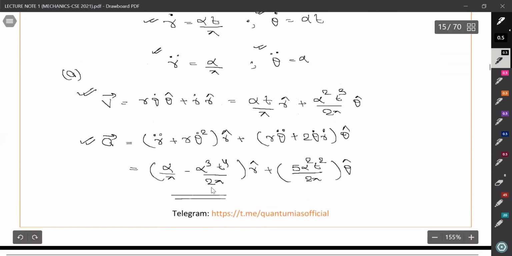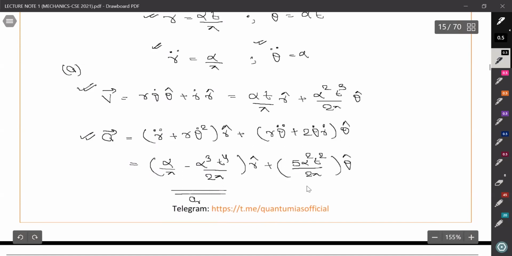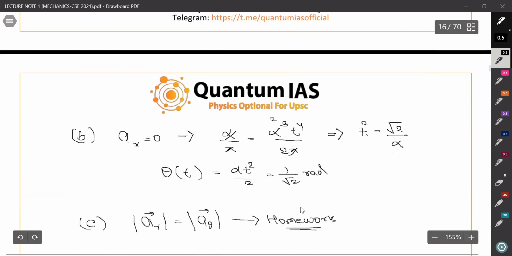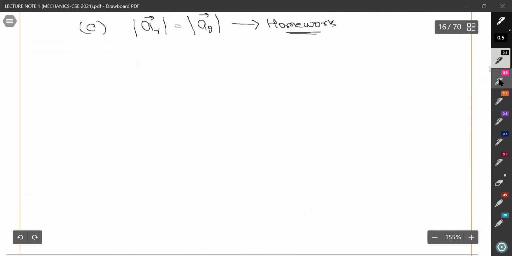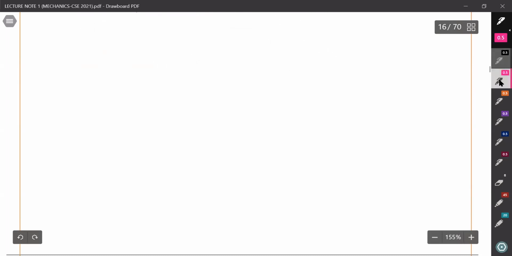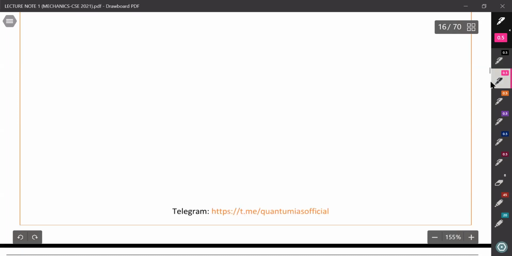So see there. This is alpha R and this is alpha theta, sorry. You need to just equate their magnitude. So I think you can do it easily. The main purpose is how we can apply our formula in certain situations. Okay. Again, let's take a question.